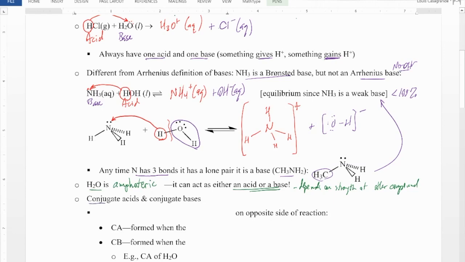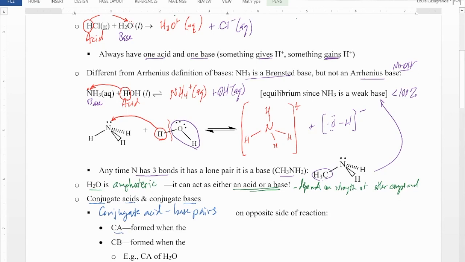And a conjugate can be an acid or it can be a base. And together with the reactant that they came from, they constitute conjugate acid-base pairs. So they always come in pairs, conjugate acid-base pairs that exist on opposite sides of the reaction.